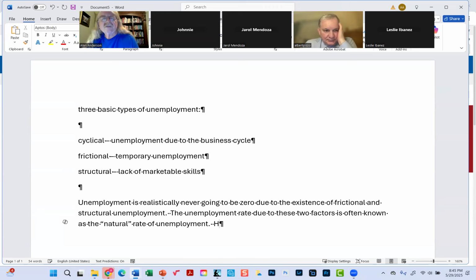So historically, economists considered it to be about 5%. Now, of course, in recent years, we found that that may not necessarily be the case. There have been extended periods when the unemployment rate was 3 or 4, which means the natural rate can't be 5.